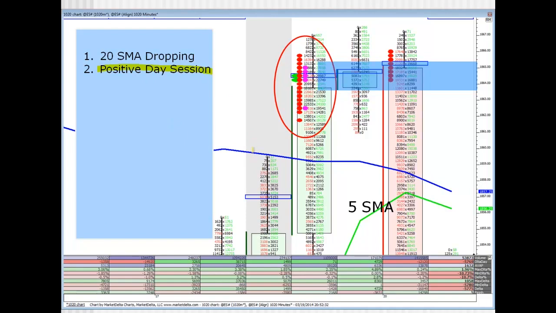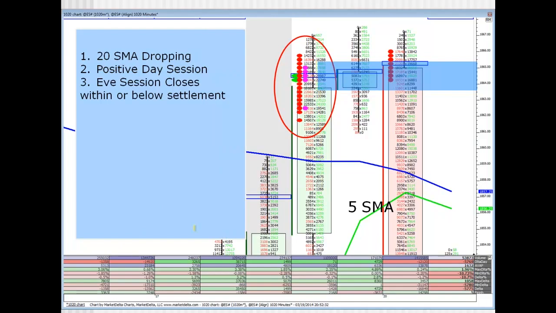So this is dropping, and we actually had a positive day session. All right, now what happens next? The evening session closes within or below settlement. So take a look at where the evening session closed. It is within settlement or below. If it closed below, that's even more bearish. But in this case, it closed within settlement. So all the conditions are being satisfied.